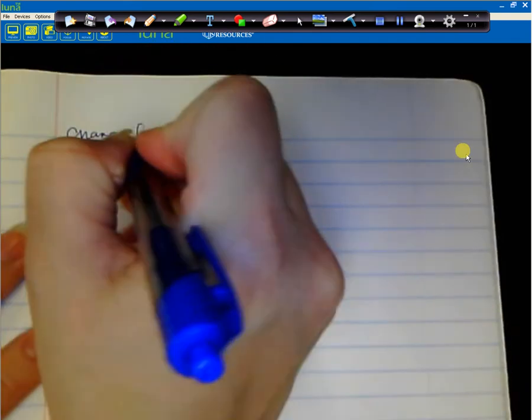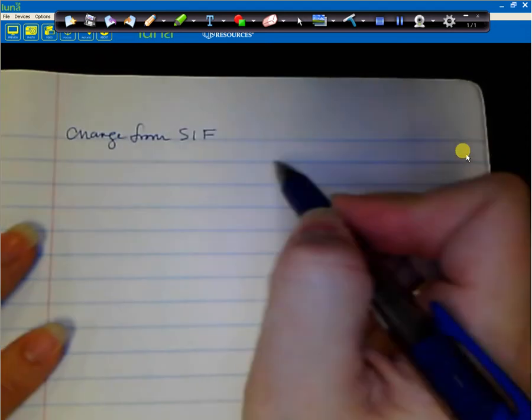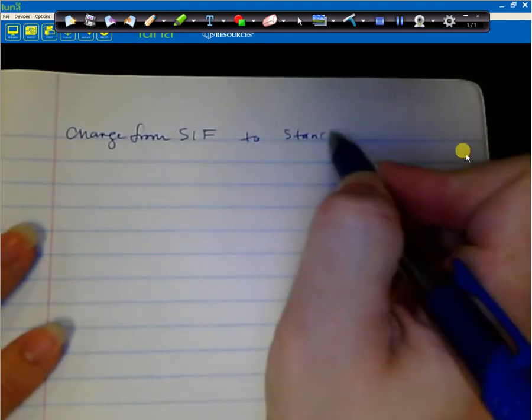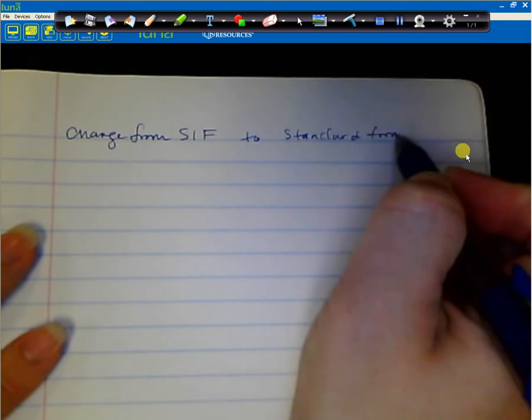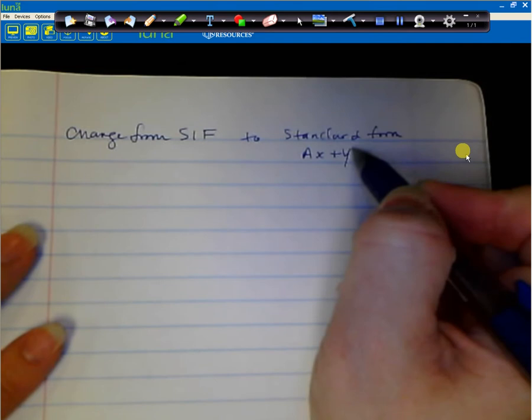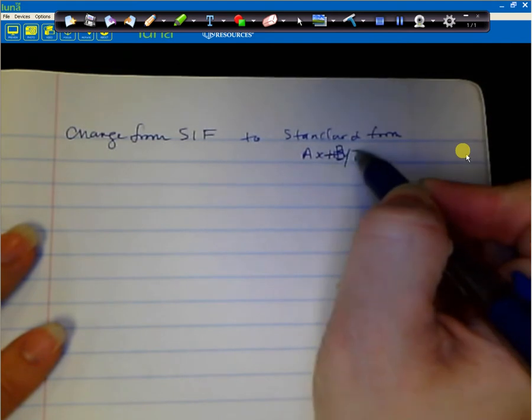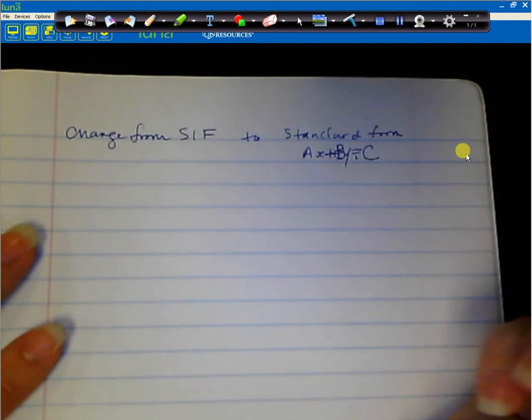Alright, number 2 is asking us to change from slope-intercept form, again, SIF, to standard form. So that's ax plus by equals C. Sorry, that's kind of ugly there.